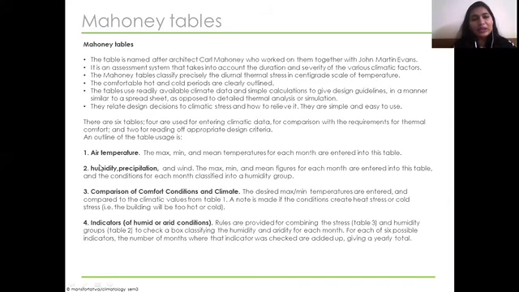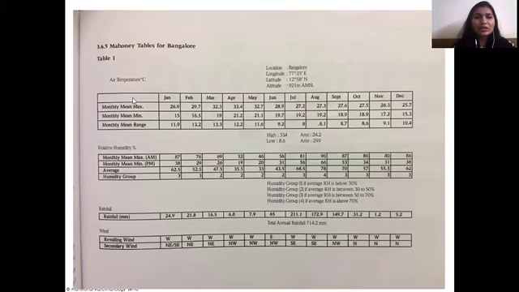So humidity and precipitation is highlighted first, because again maximum, minimum and average figures for each month are plotted in this table, and conditions for each month are classified into humidity groups. Let us see how. Just as we did for temperature, we do the same for relative humidity. First we plot the average maximum relative humidity and the average minimum humidity. So these two rows that you see will be filled in first. Again this is data for January to December: January, February, March, and so on till December.